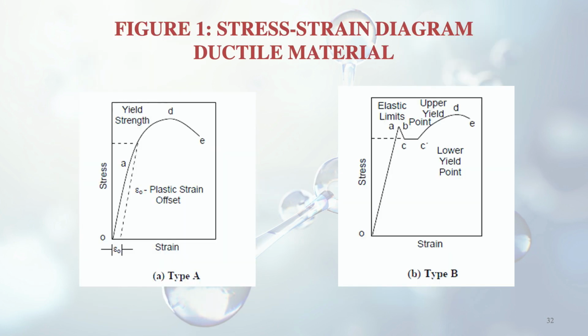So here are two diagrams, and these represent the stress-strain diagram for ductile materials. The first one is type A of ductile materials, and the second one is type B of ductile materials. So now we discuss the first type, A. You can see here on the abscissa or the x-axis strain is there, and on the y-axis or the ordinate stress is there.